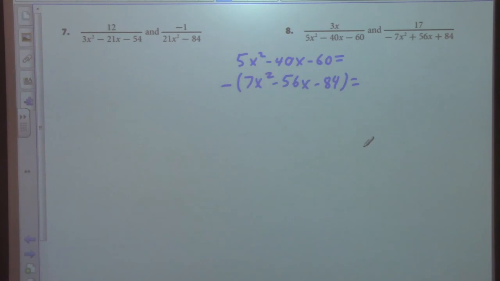Does that work the whole time, or only on this one? Well, we're trying to make this thing down here easier to factor.